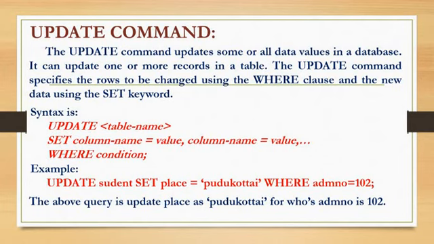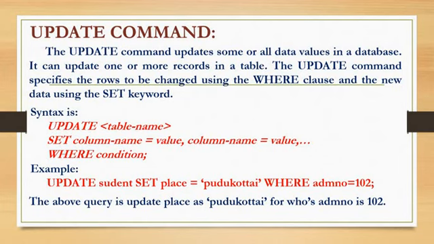By using the update command, we can edit the records in the table. It can update one or more records in a table. The update command specifies the row to be changed using the where clause and the new data by using the set keyword. We can edit the data by using the set keyword.